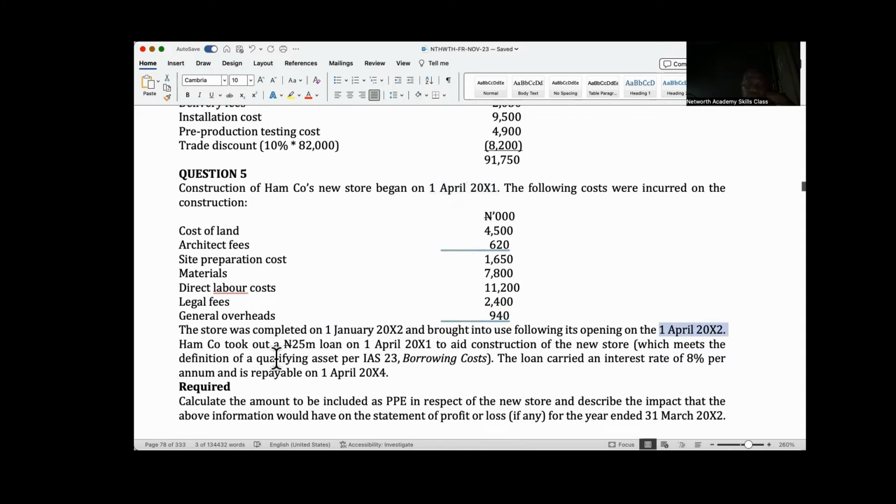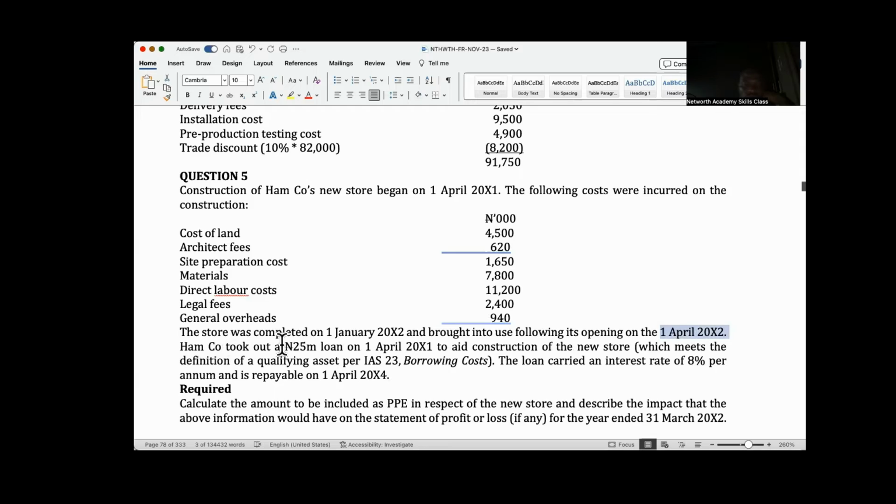We're now told that AMCO took out a 25 million naira loan on 1st of April, which is when they wanted to start construction, to aid construction of the new store, which means the definition of a qualifying asset under S23. Like what I told you, whenever you borrow money to construct an asset, the interest you pay to the bank should be capitalized up to the date of completion.